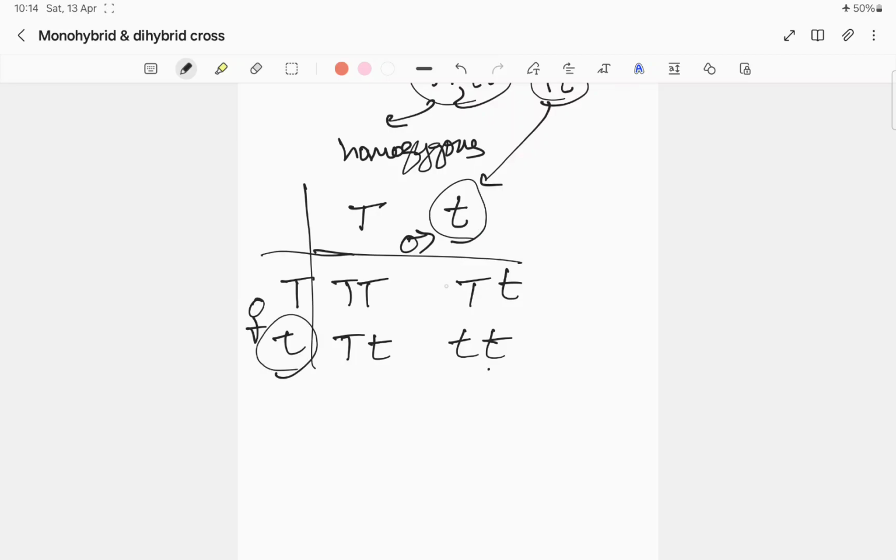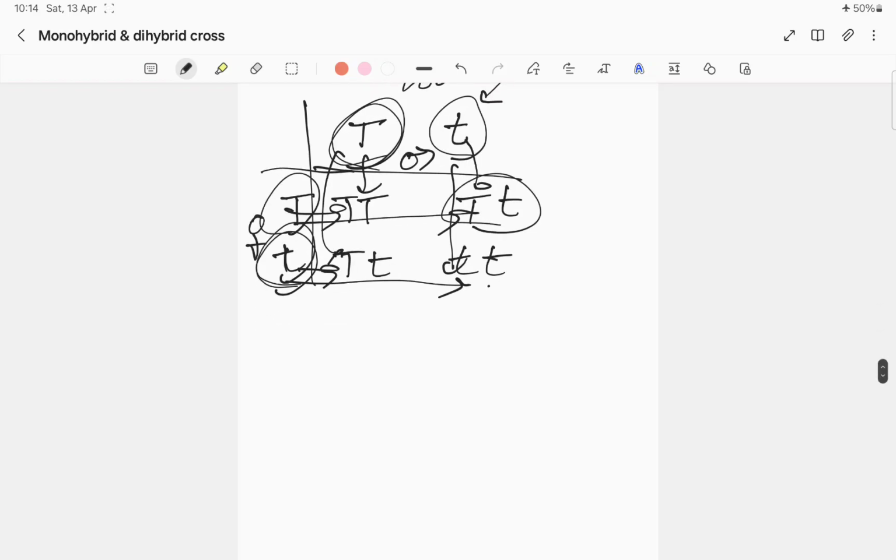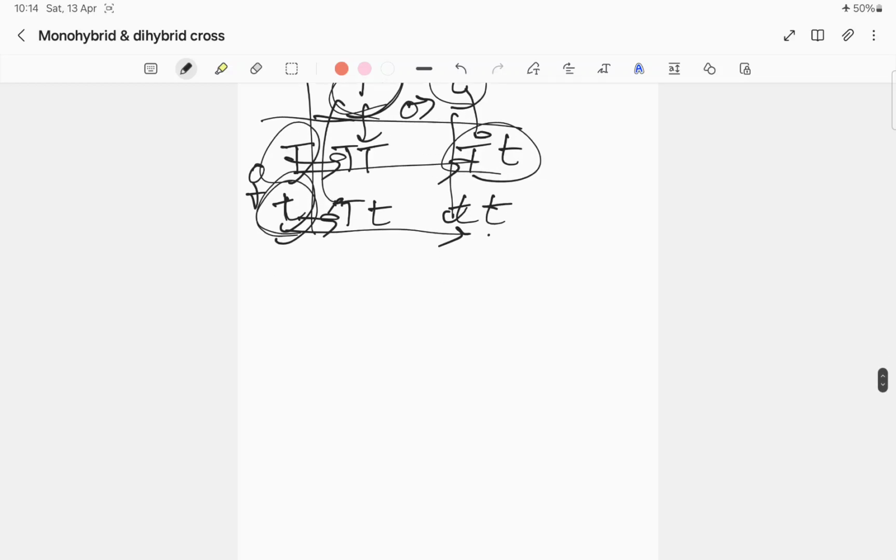This small t corresponding to this small t will form small t. This capital T corresponding to this small t will form capital T and small t, and this capital T corresponding to this capital T will form capital T. This capital T with this small t will form capital T small t. Just observe the corresponding rows and columns and fill the table.